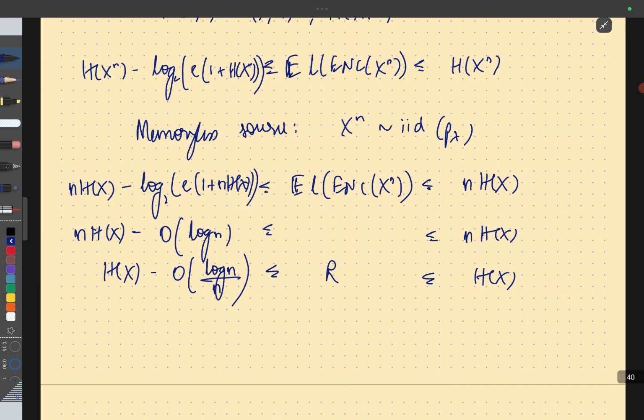Suppose I'm also interested in lower order terms. So essentially the optimal rate of compression is H of X plus some function g of n, which goes to 0 as n tends to infinity. And one can show that you can again write g of n as a sum of lower order terms.